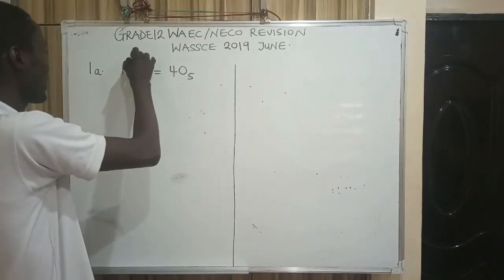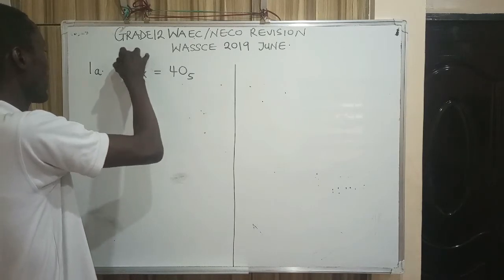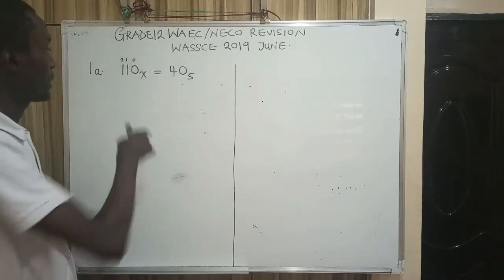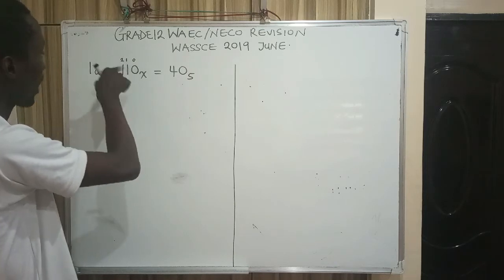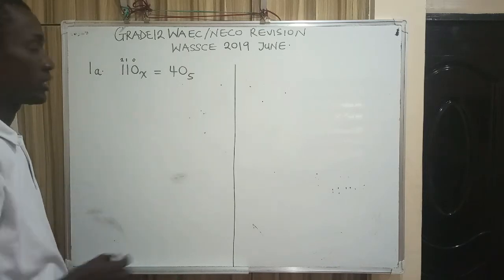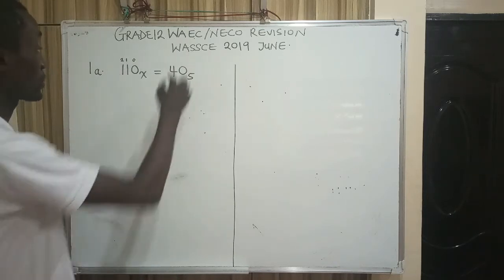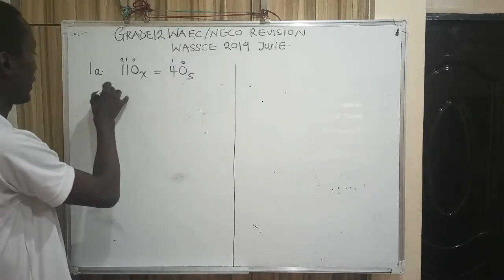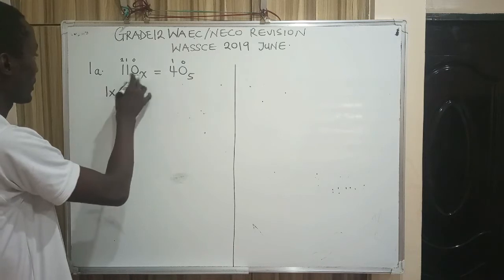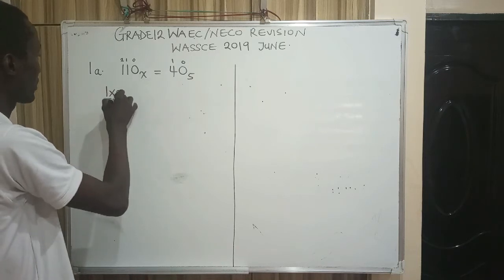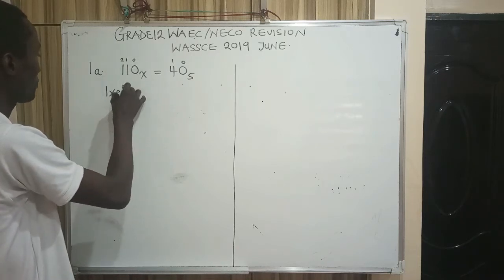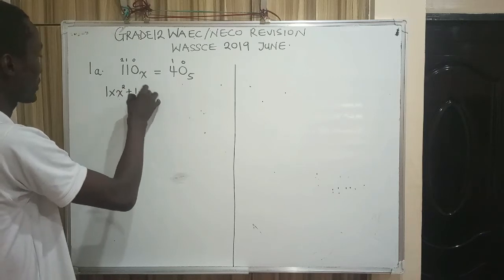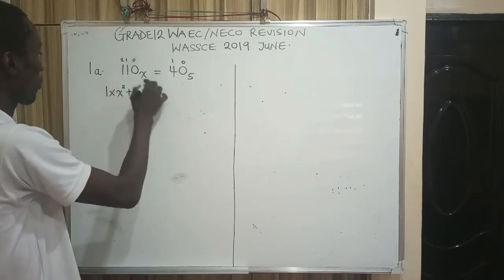Now, there's this technique we learned. We just put place values to tell us how we're going to arrange the expansion method we're going to use, and we have 0 and we have 1 here. So this will be the number times the base raised to the power of 2 plus the number times the base raised to the power of 1.